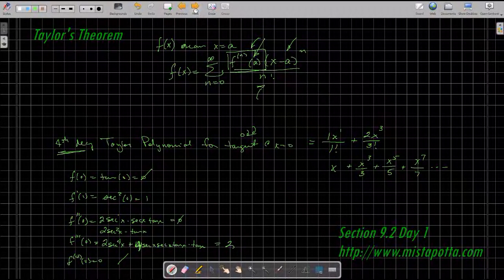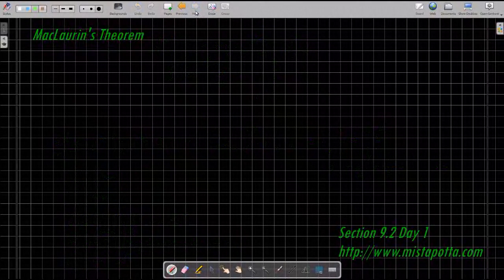There's a more specialized version of this theorem called MacLaurin's theorem, which deals exclusively at 0.